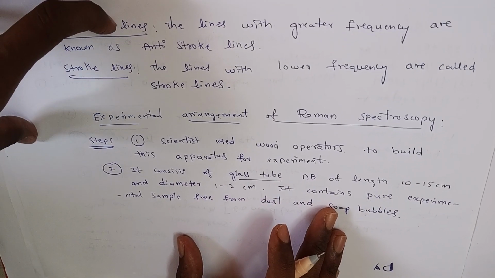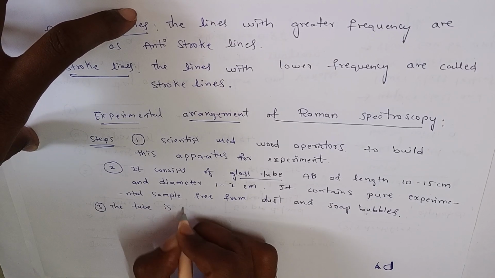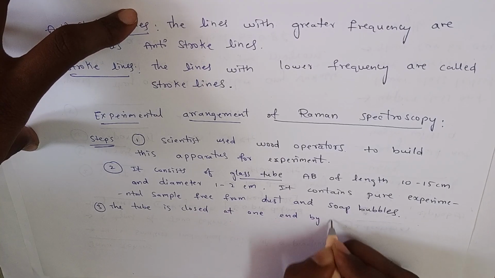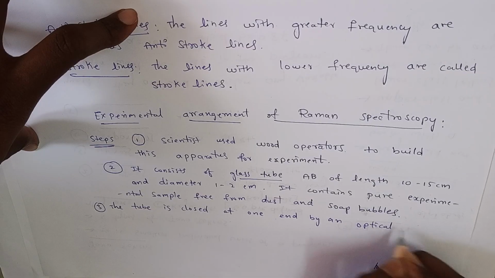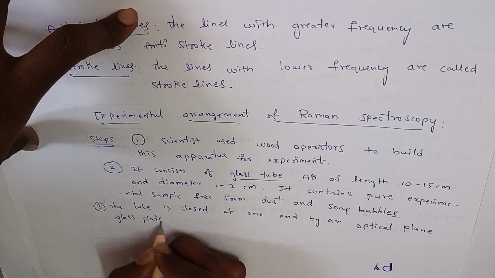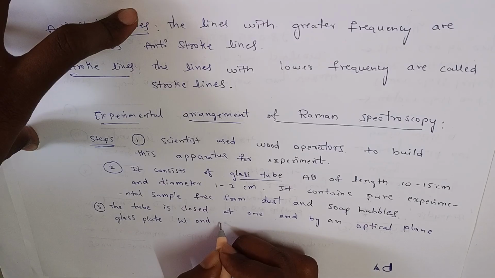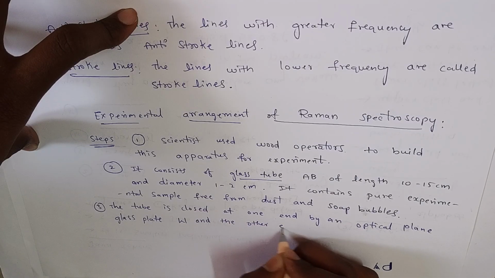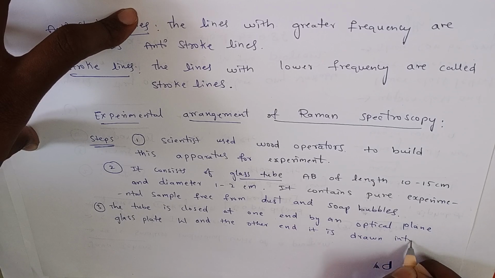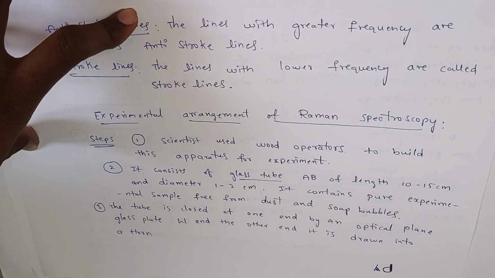Next, the tube is closed at one end by an optical plane glass plate, denoted W in that figure, and the other end is drawn into a horn, like the horn of a cow.